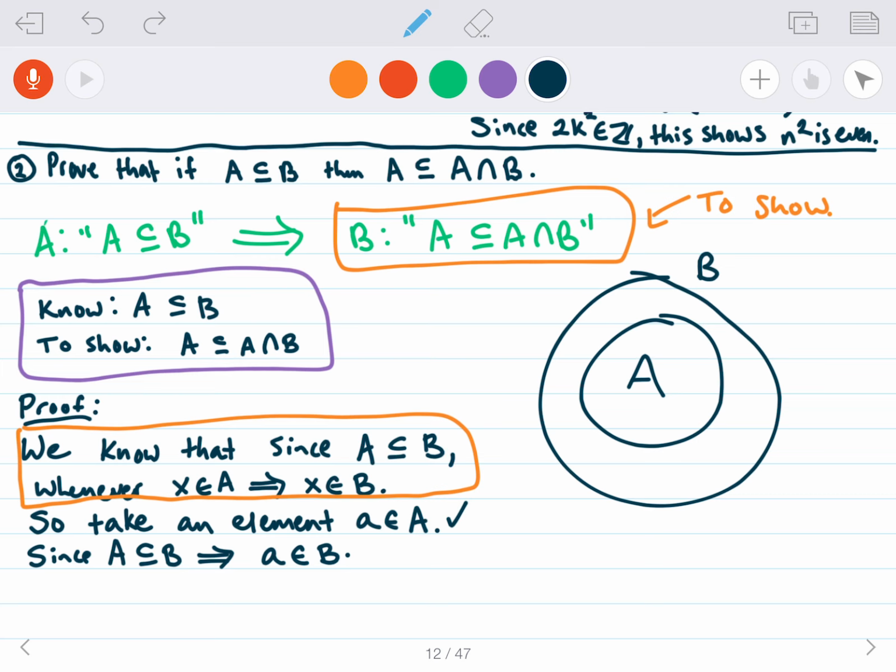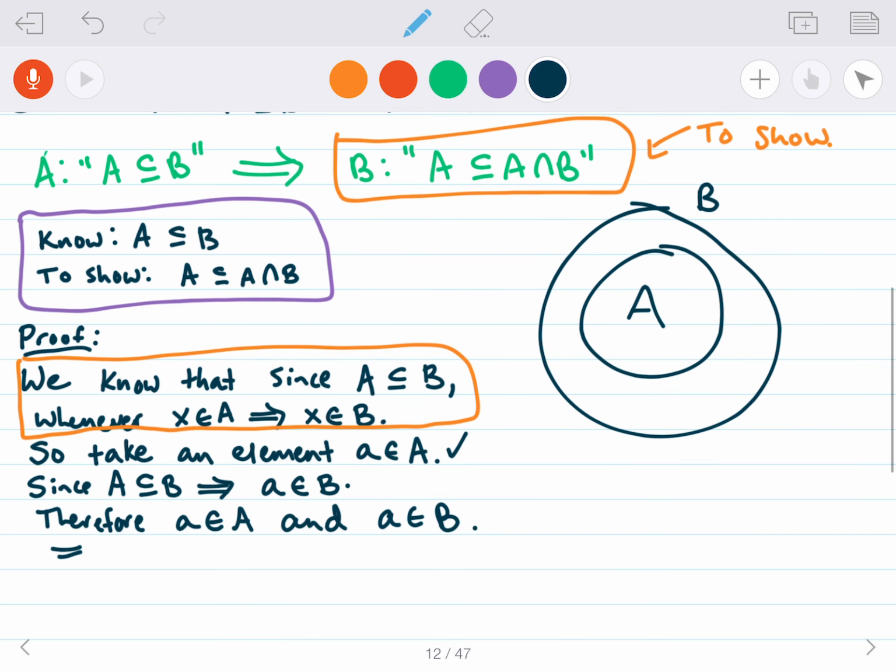Since A is contained in B, a is in B. Therefore, a is in A and a is in B. And thus, or therefore, a is in the intersection of A and B, just by definition. Okay, that's just our definition of intersection. And so the proof is done.